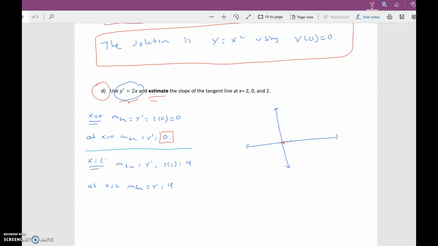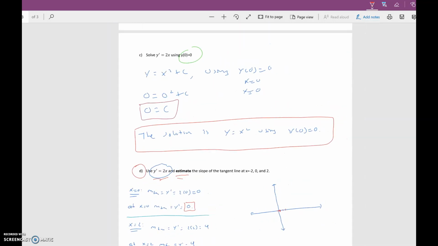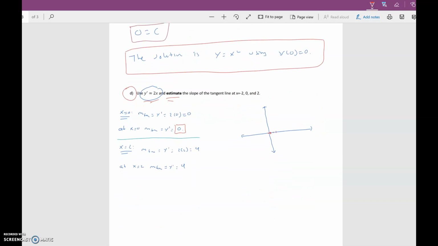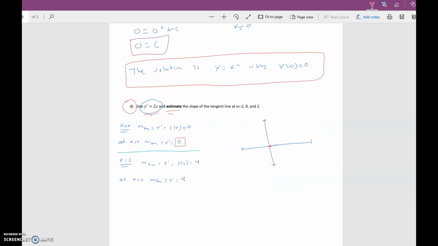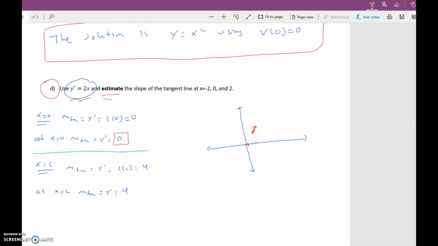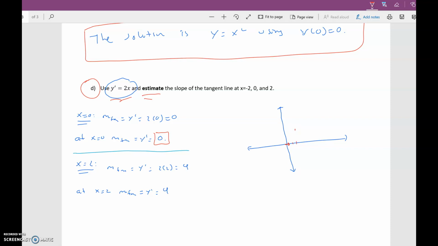But we would have said that at the value of 2, so this is 1, 2, and on the original one, it was just x squared. So around this point, this represents x is equal to 2.